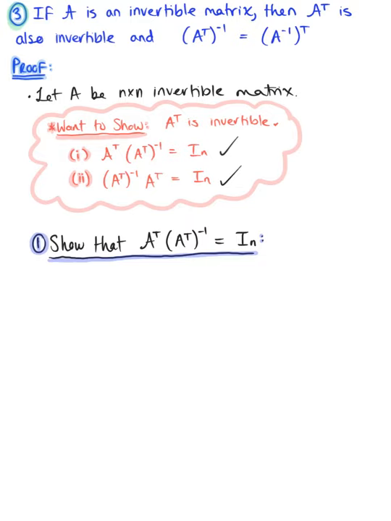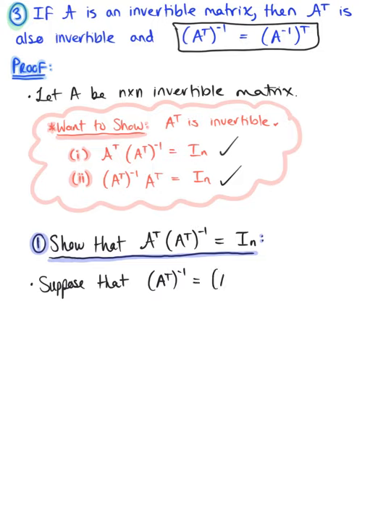And keep in mind, we want to incorporate this other condition. So let's suppose that the inverse of the transpose of matrix A is equal to the transpose of the inverse of matrix A. Now, we're going to use this equation to help us attain the desired result.